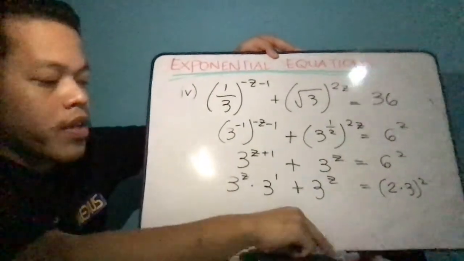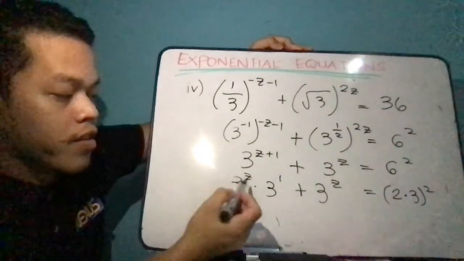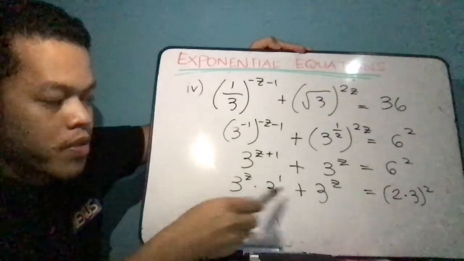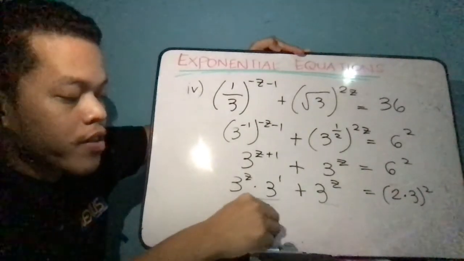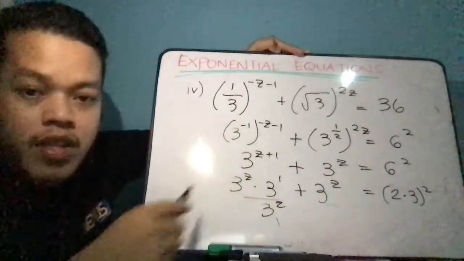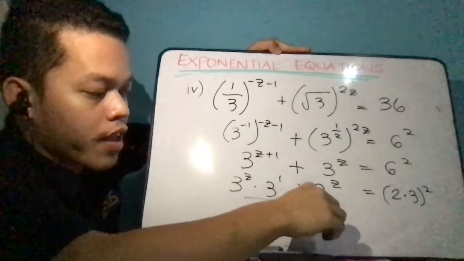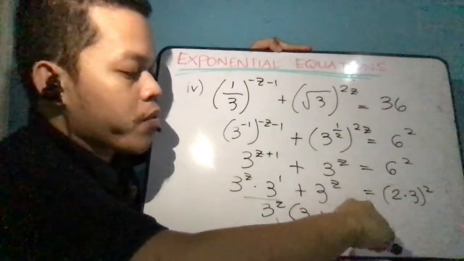The next step that we're going to do is to actually factor out what is given here. So we can actually see that 3 to the z is common to the first term and the second term. So we can take out 3 to the z, and when we take out 3 to the z, what happens? We will have 3 to the first, and that is plus 1. Or we can just erase the power 1 here.